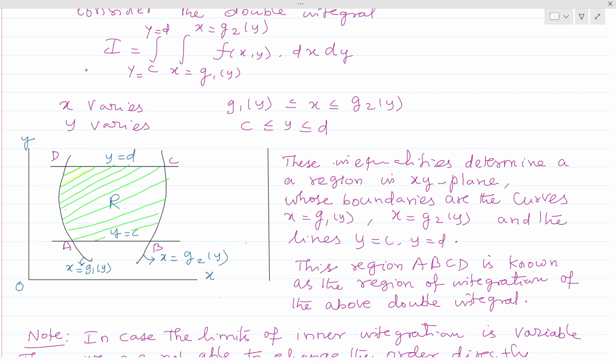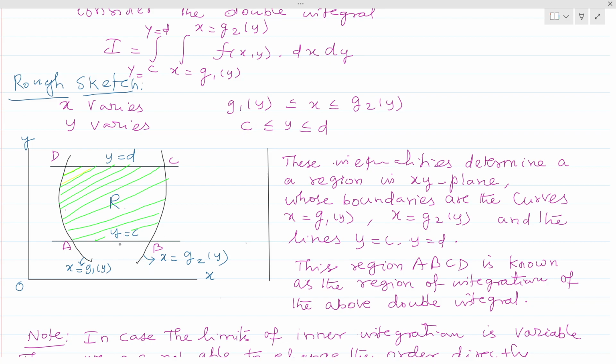First you have to draw the rough sketch. What are the limits of y? y equal to c and y equal to d are constants.